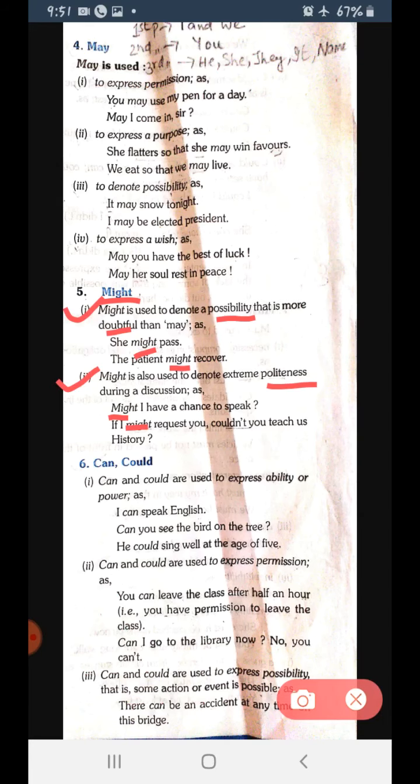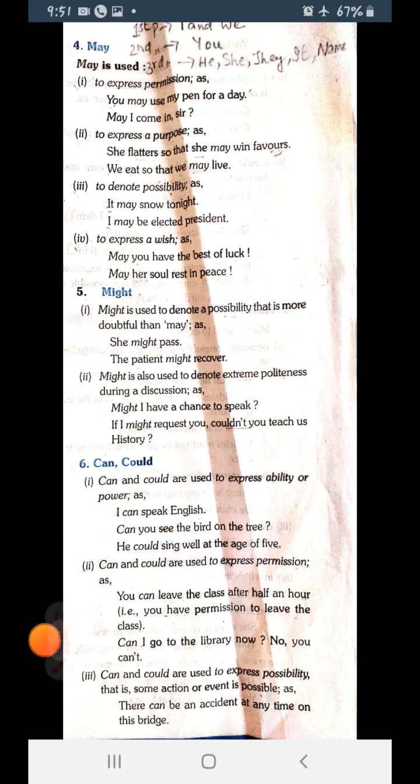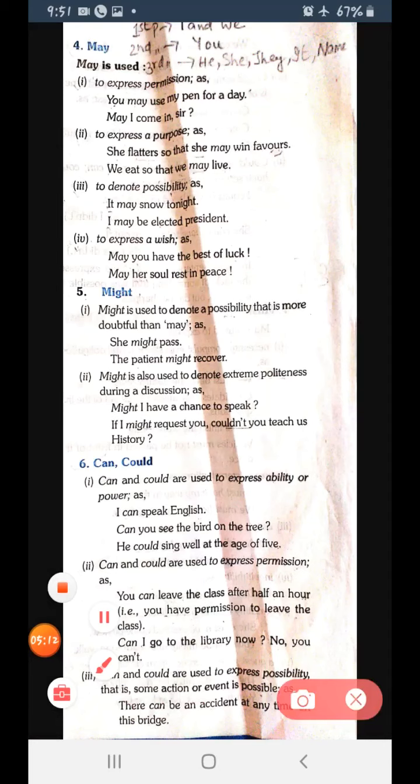Next is can and could. Yes, point number 6, can and could. Now see, point number 1, can and could are used to express ability or power. Example, I can speak English.